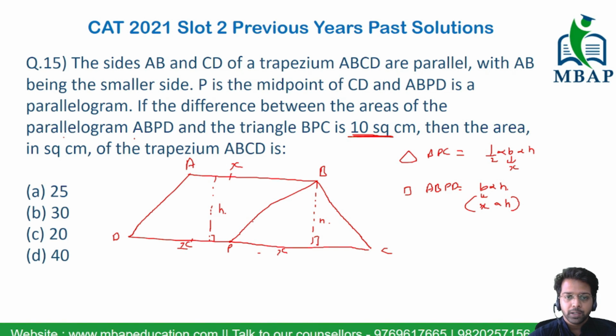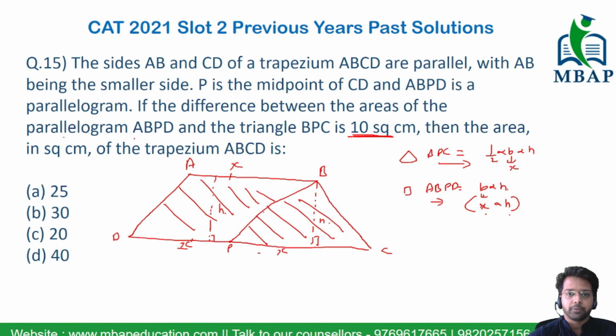The triangle is half base into height, and you found that ABPD is X into H. By relating this, you will understand that this triangle BPC is basically half of the area of the parallelogram ABPD.